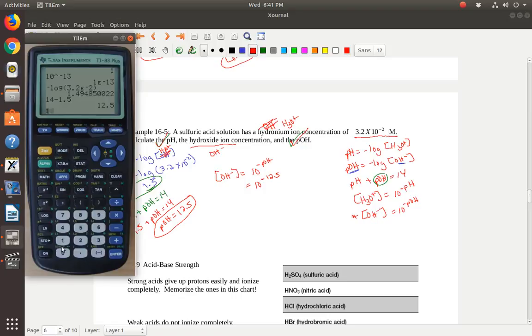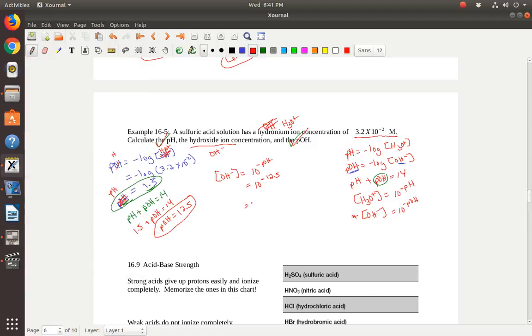So 10, up here, negative 12.5. Enter. 3.2 times 10 to the minus 13, or 3.16 times 10 to the minus 13. 3.16 times 10 to the minus 13 molarity is the hydroxide ion concentration.